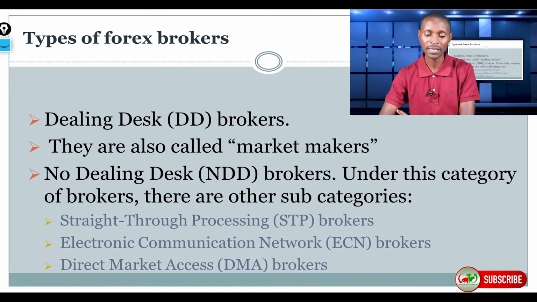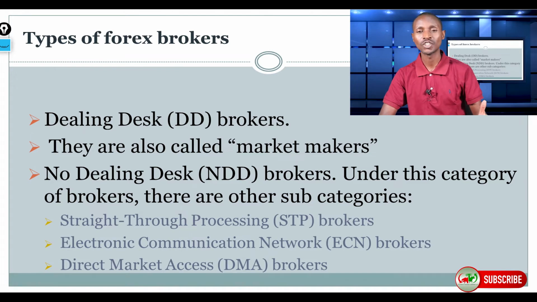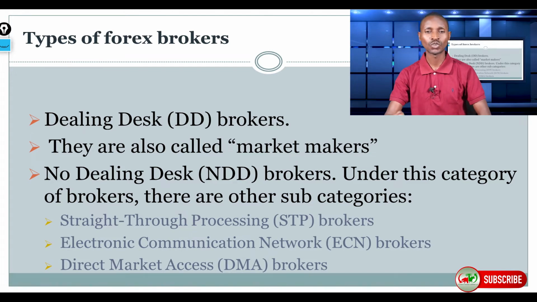This type of broker charges commissions for every trade you make. So if you decide to buy or sell any asset from the platform, as soon as you hit the buy or sell button, they will charge you a commission for the service they gave you. That is how they make money.